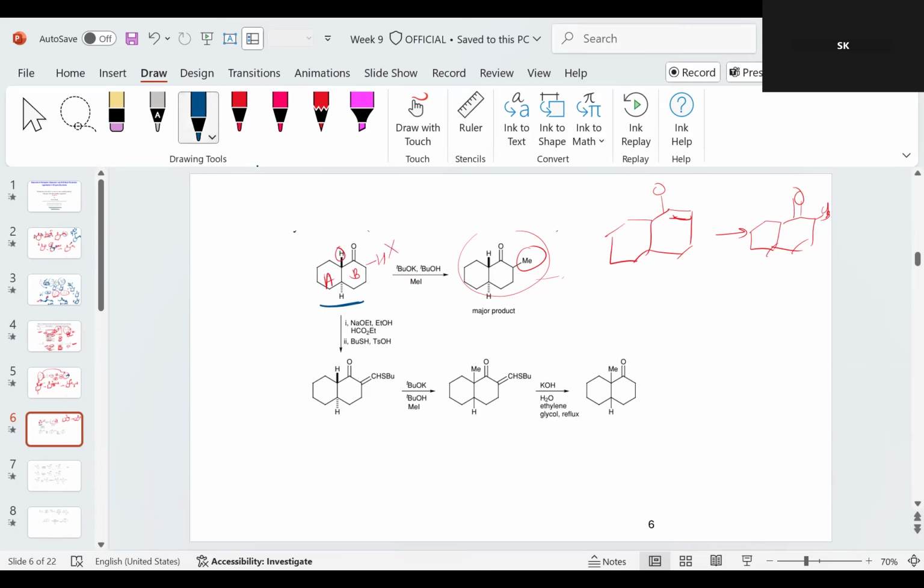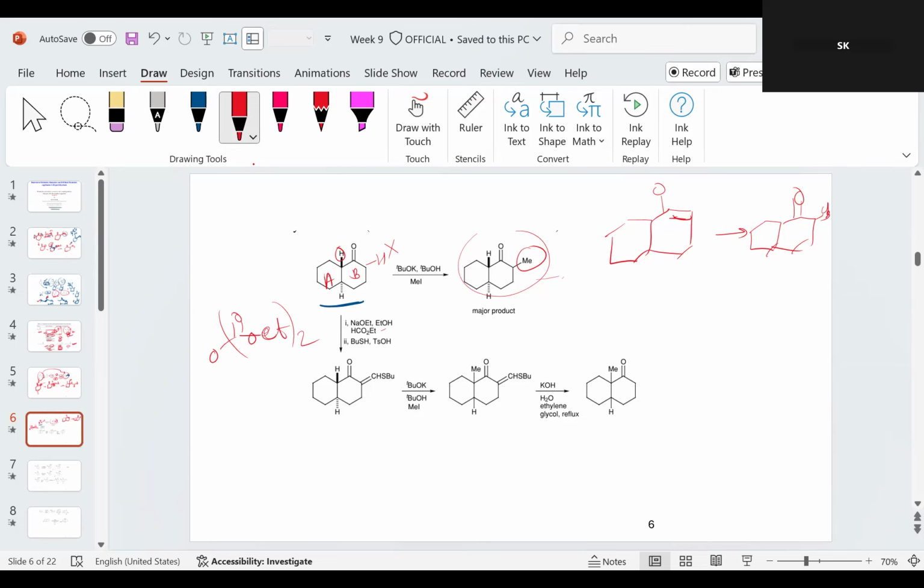The base we need to use, as seen earlier for example, is sodium ethoxide, with the HCO2Et, that is this OEt, right? So this is the electrophile. This is the source of electrophile.